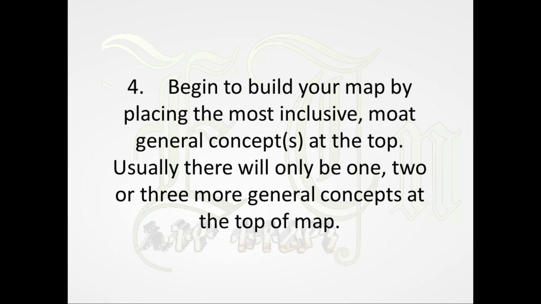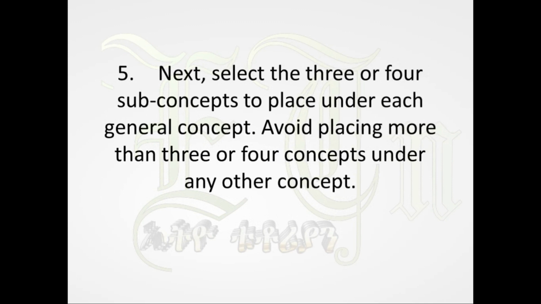Begin to build your map by placing the most inclusive, most general concepts at the top. Usually there will only be 1, 2 or 3 more general concepts at the top of the map. 5. Next, select the 3 or 4 sub-concepts to place under each general concept.